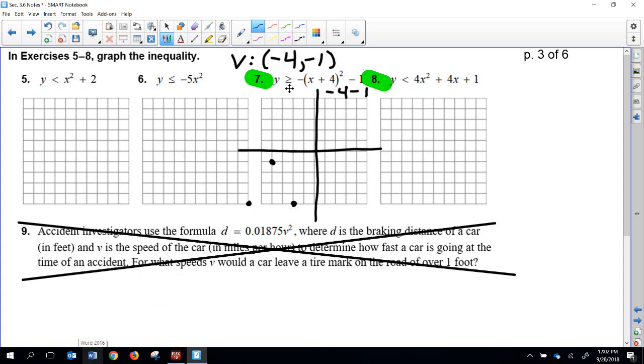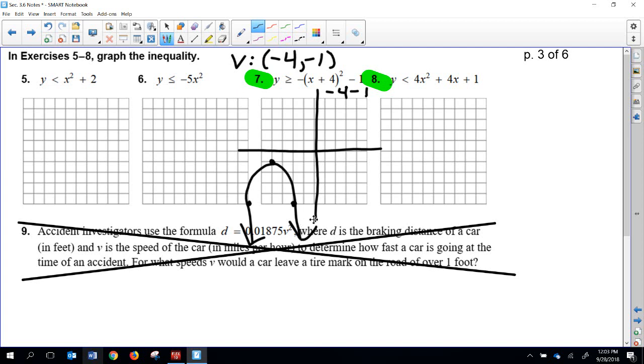I want to look here. This tells me it needs to be solid, so I'm going to make it solid. And then I have to look at what it's saying. It's saying all of the y values that are greater than the parabola. Am I going to shade above or below if I want the y values greater? Above.